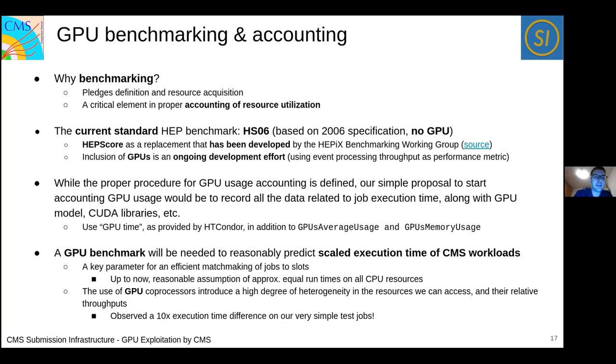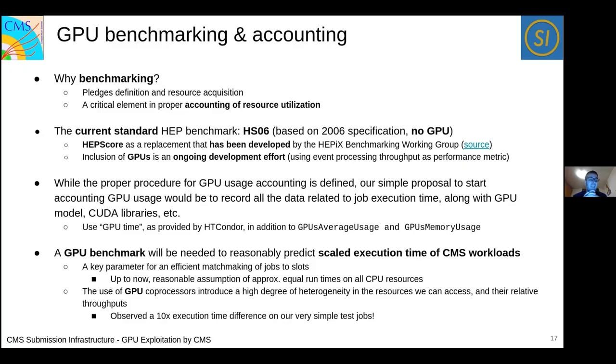GPUs are not included in the current benchmark. There are plans to include GPUs in the next iteration of the benchmark, but it is not there yet.